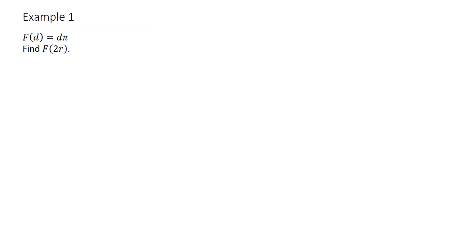So what this means is that this 2r is going to replace any time we see a d. So f of 2r: instead of d, anytime we see a d, now we're going to place 2r there. We put it in parentheses, and then it's just pi.